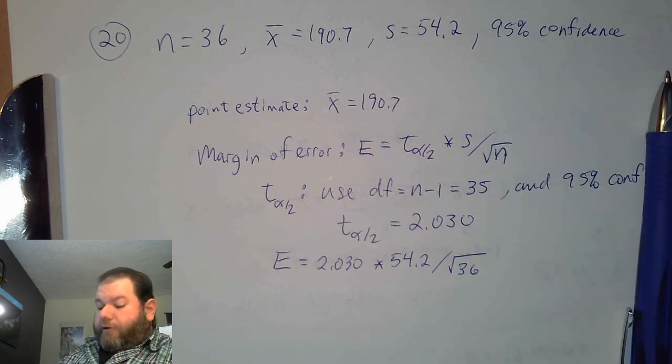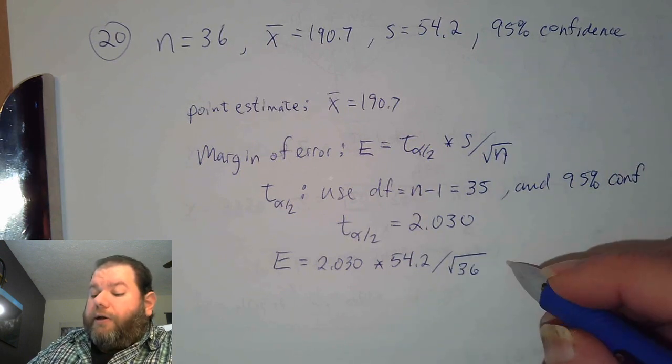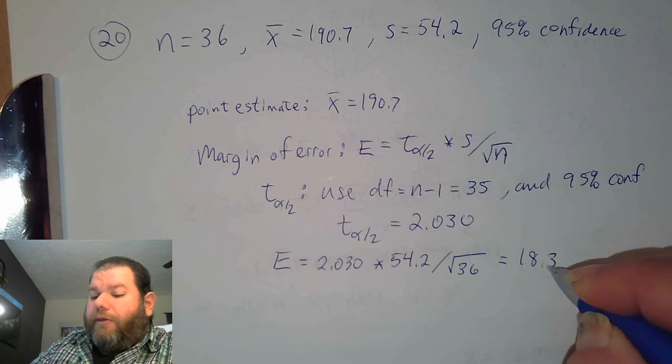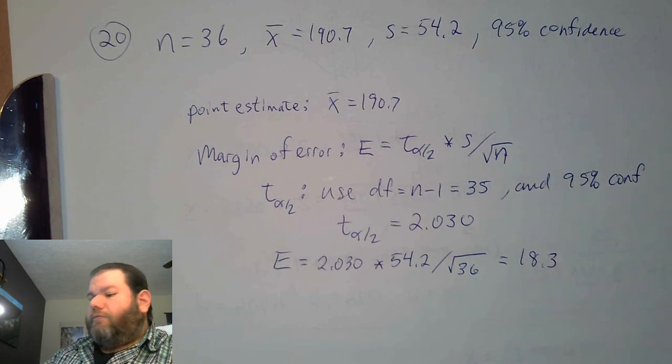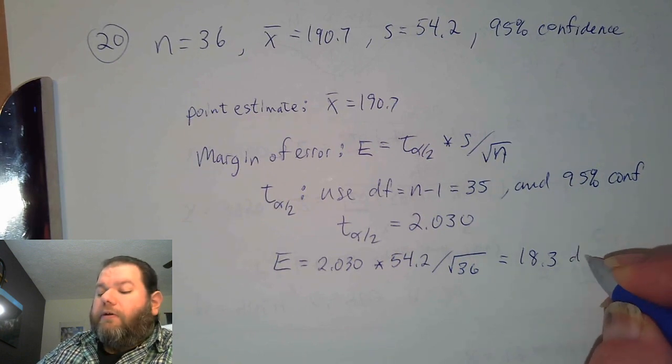So we'll just go to the calculator and find that. 2.030 times 54.2, and then divided by square root of 36, which is actually 6. And so we get our margin of error is 18.3. And this is days.